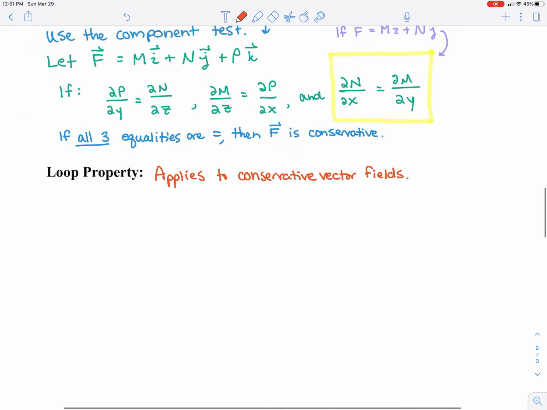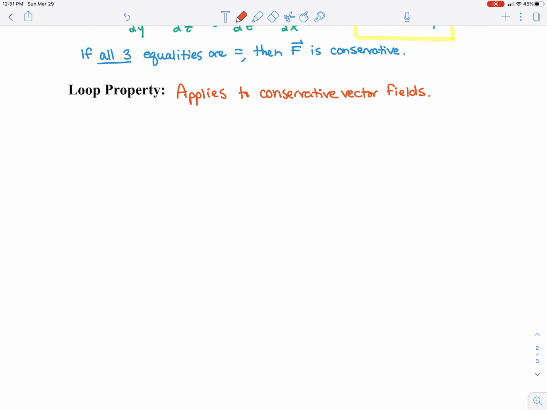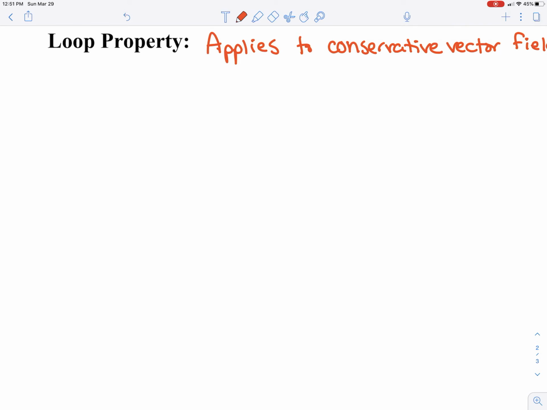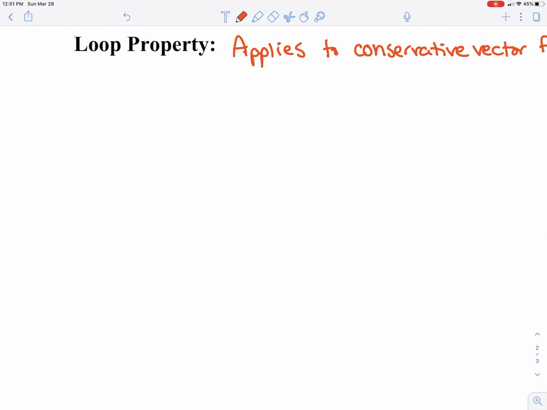Remember that this notation implies that the path we're integrating forms a simple closed loop.